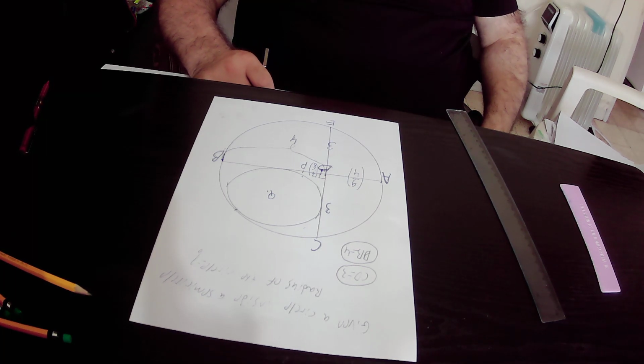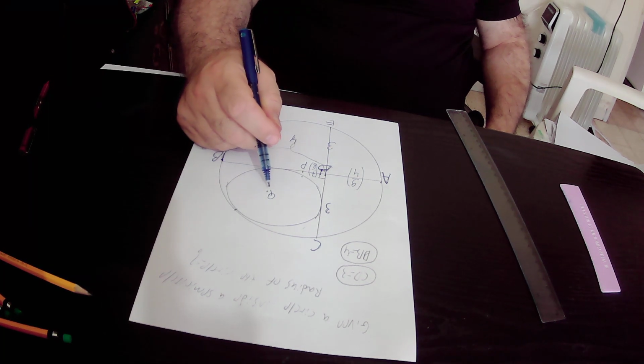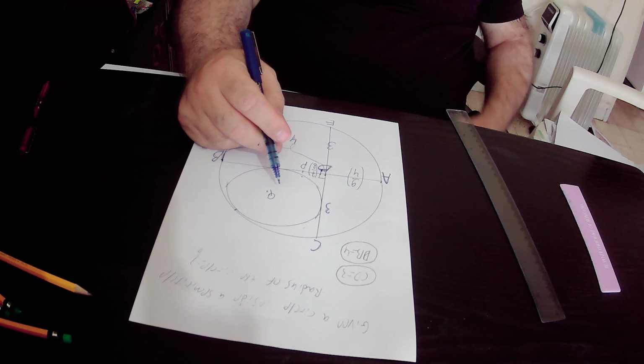In the next step, from point Q, we will draw the radius to the point of tangency.